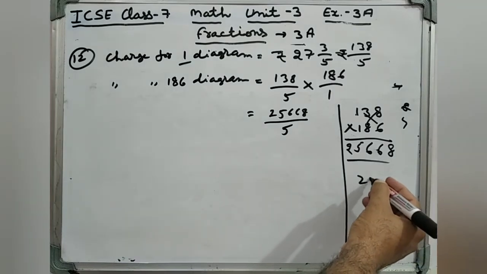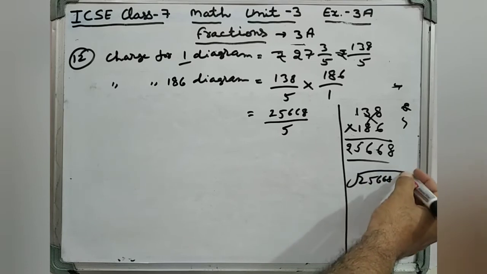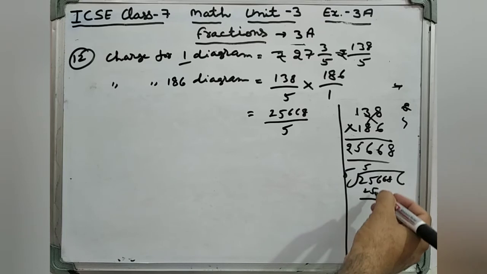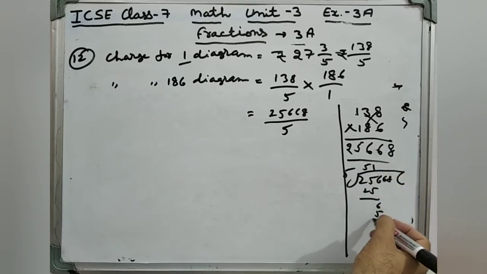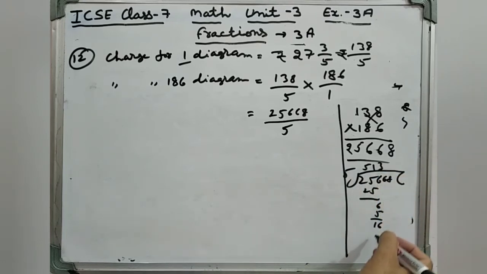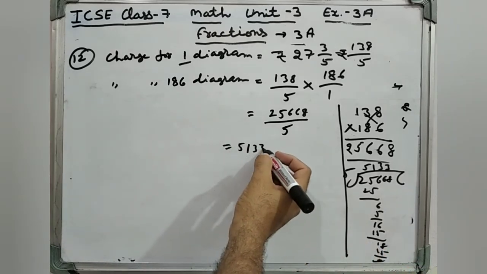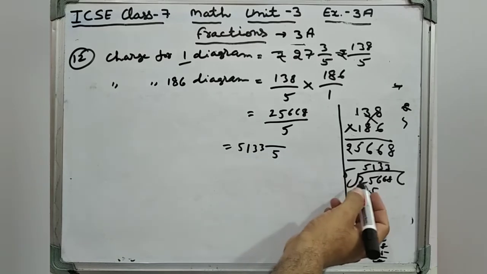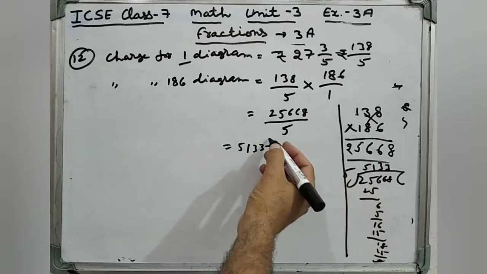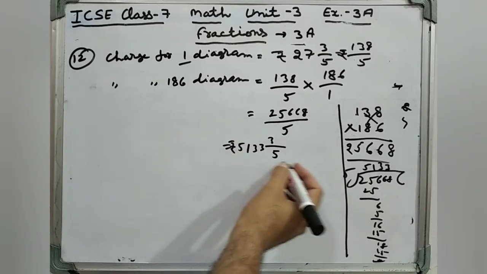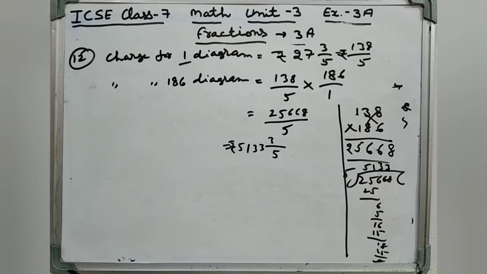Make it 25668. 5 5 ja 25, 6 5 1 ja 5, 1 6, 5 3 ja 15, 3. Now 5133 will become whole, and this remainder 3 will go here. What will be the cost of 186 such designs? Rupees 5133, 3 upon 5.